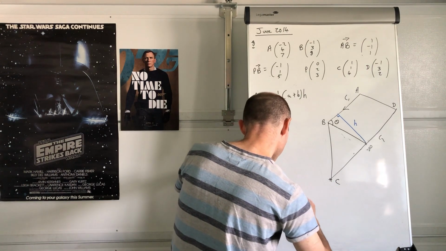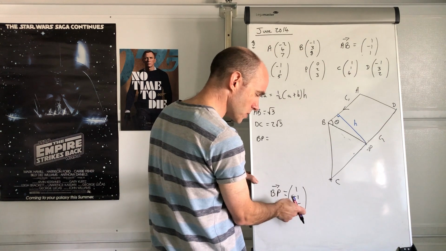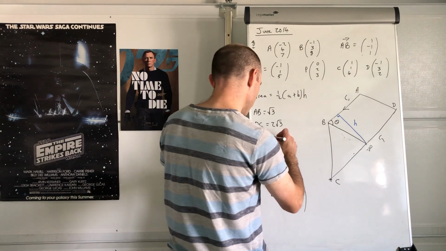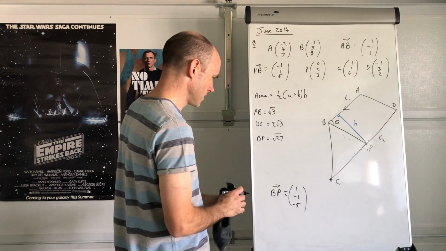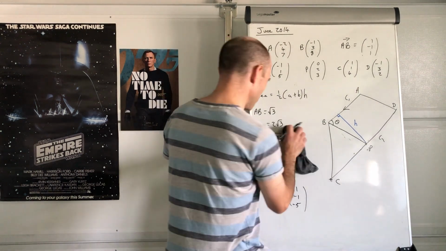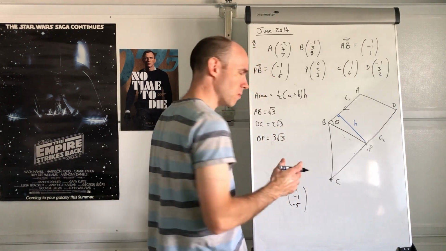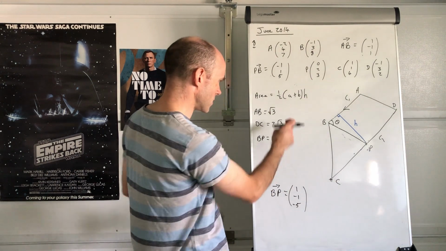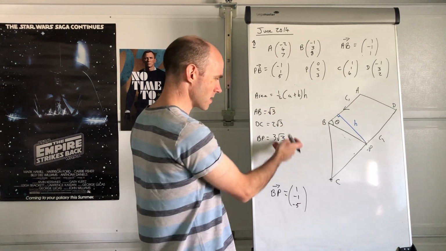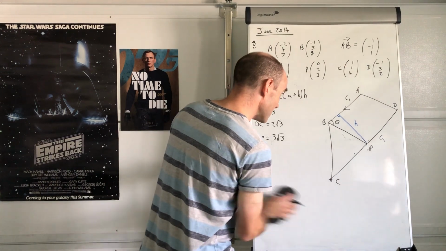So that means the magnitude of that is going to be root 25 plus 1 plus 1, root 27. 3 root 3. So let's write 3 root 3, it's nice, wasn't it? Remember, it does say work out what this is as an exact answer, simplified, and I've just noticed the root 3, so it's going to be nice if I put the root 3 there, isn't it? So that's what the length BP is.